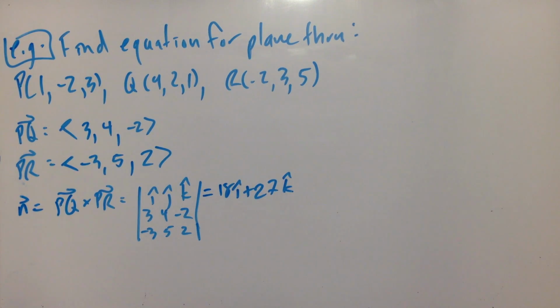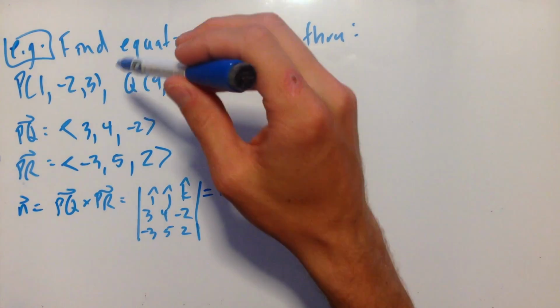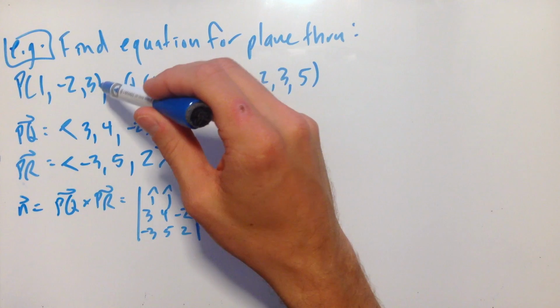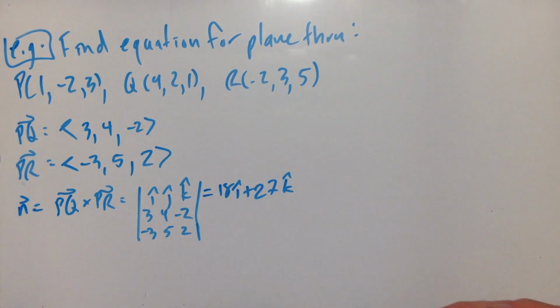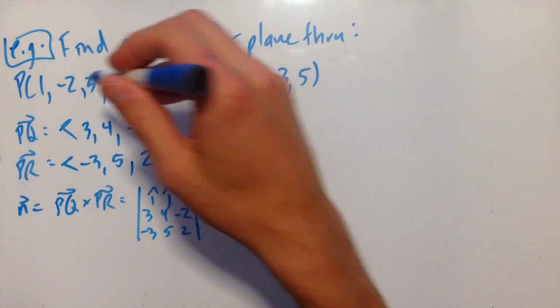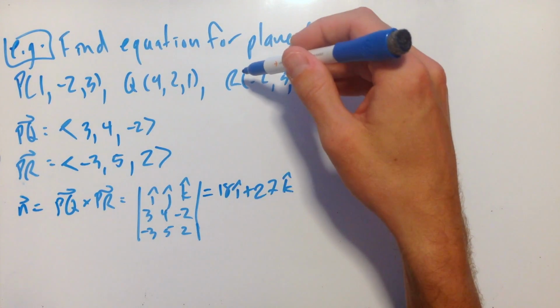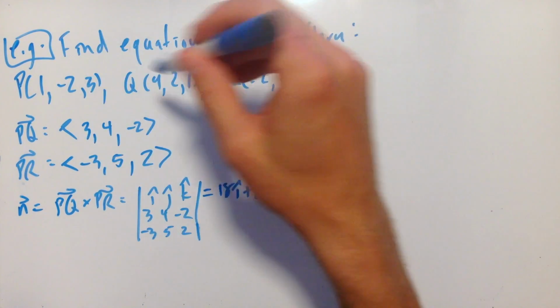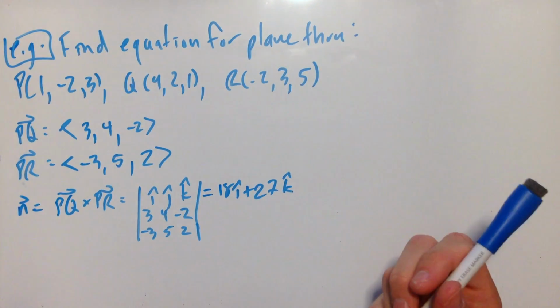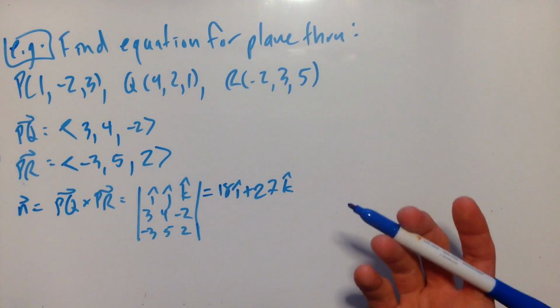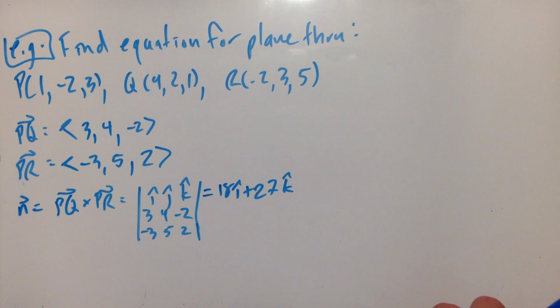Here we've got 3 points: (1, -2, 3), (4, 2, 1), and (-2, 3, 5). To figure out the normal vector, we're going to realize that any displacement vector between any 2 points here lies in the plane. So if I take 2 displacement vectors and they happen not to be parallel, then their cross product will be perpendicular to the plane.